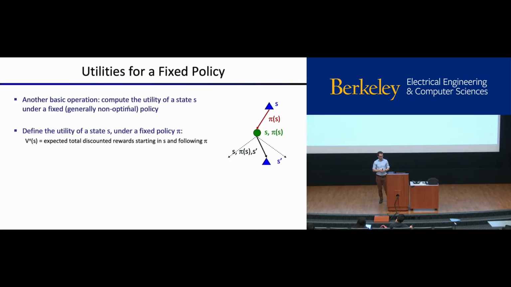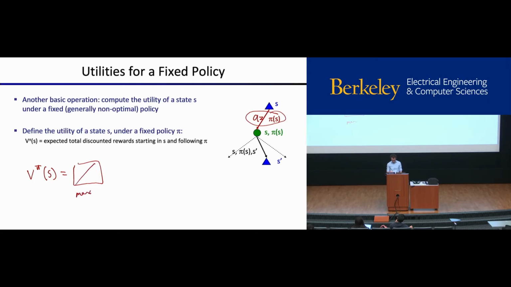So let's think about this. How are we going to compute the values for a fixed policy? Well, right away, if there's only one action, A equals pi of S, we don't need to think about this max over A's anymore. So now we have a value for a policy, V pi of S, and whereas before we had a max over actions, we have just nothing there.